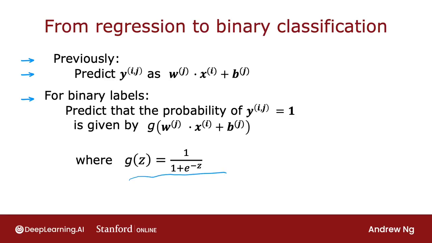So this is the logistic function just like we saw in logistic regression. And what we would do is take what was a lot like a linear regression model and turn it into something that would be a lot like a logistic regression model, where we'll now predict the probability of Yij being 1, that is, of the user having engaged with or liked the item using this model.